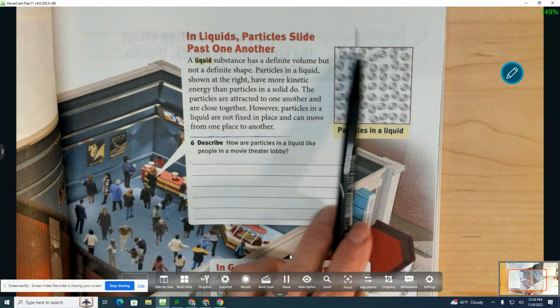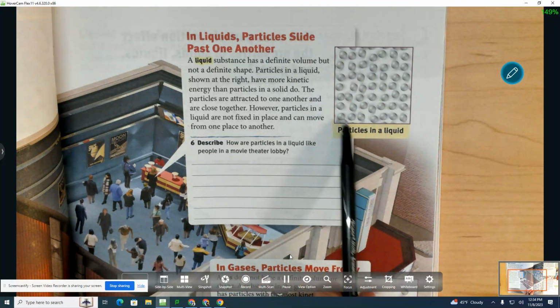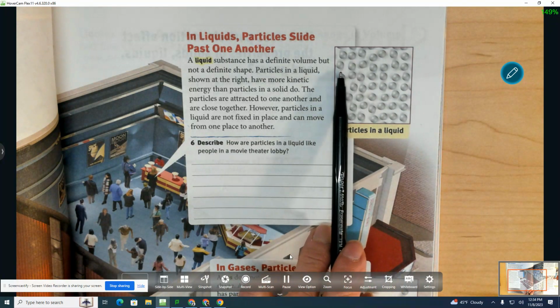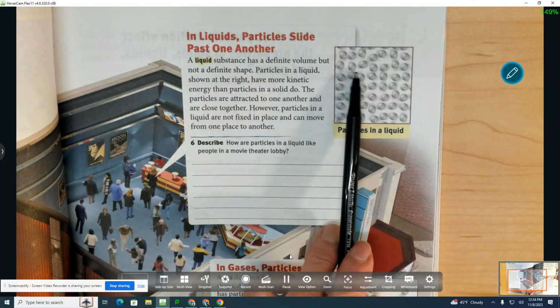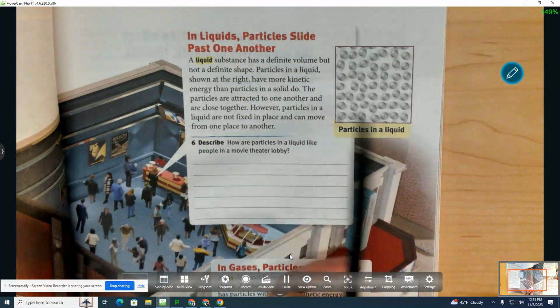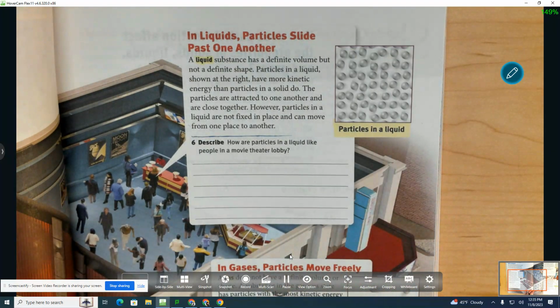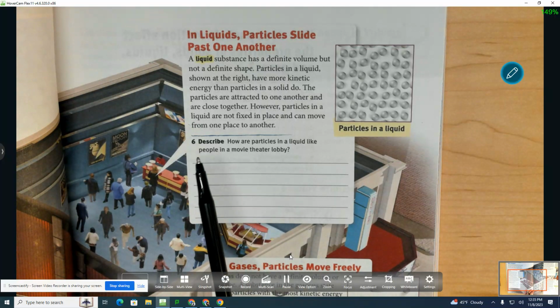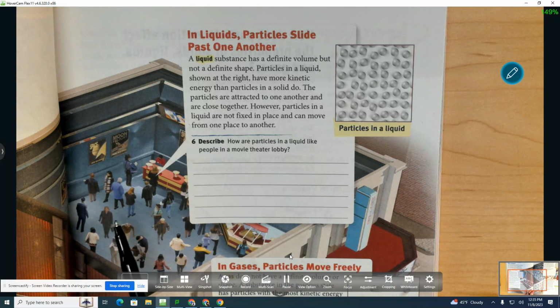So here they are shown kind of in a motion. We can see that there are these little motion shades or shadows kind of around our particles to show that they are moving around. How are particles in a liquid like people in a movie theater lobby? Well, what I can see is that they are close together.